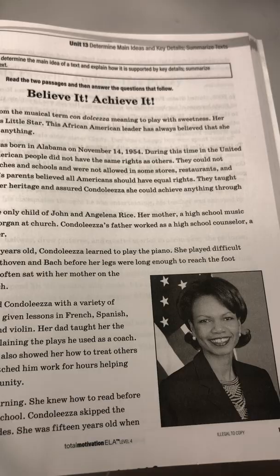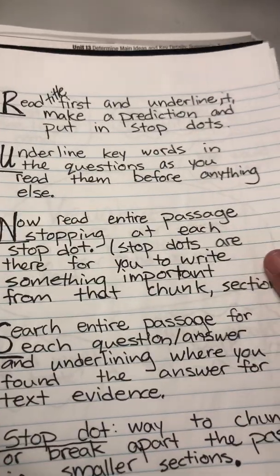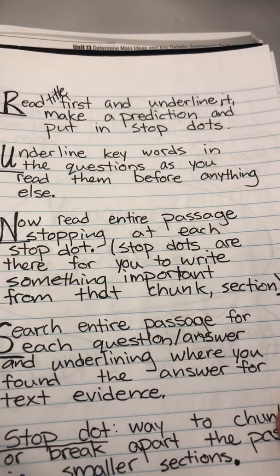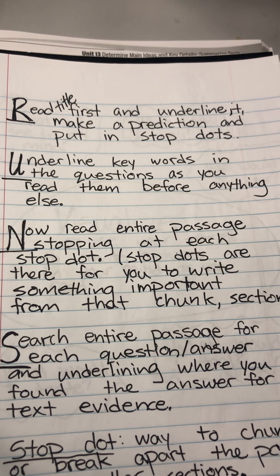All right, so our runs reading strategy is: R is read the title first and underline, make a prediction, put in your stop dots. Jordan, sit up, buddy. Kamani, sit up. Jaden, sit up. U means underline keywords in the question as you read them before anything else.